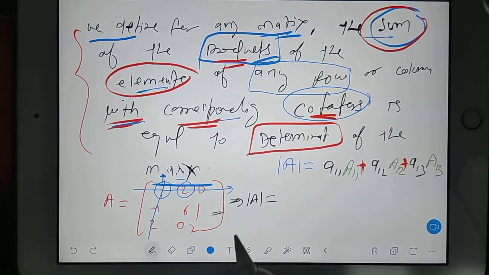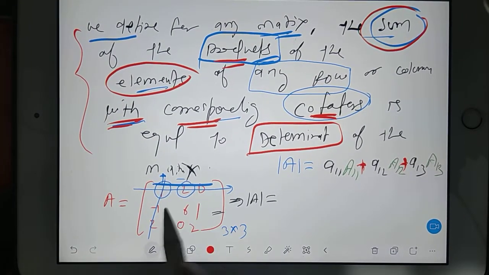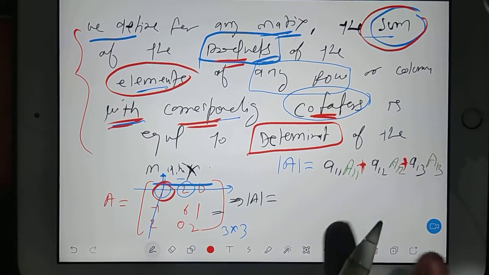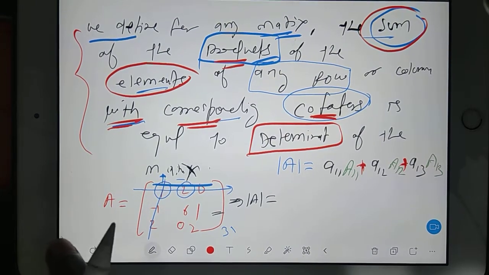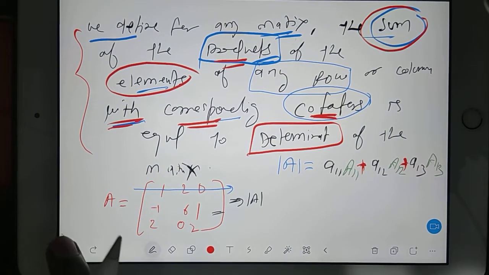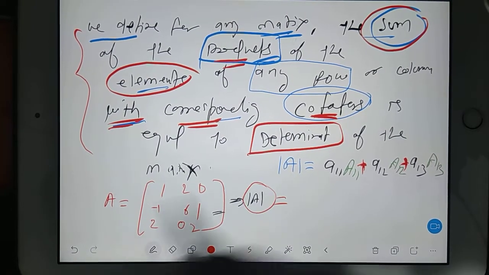Currently I have a 3 cross 3 matrix. So I can take any element and expand that element to find out the determinant. Like for the given matrix, 1 2 0, minus 1 6 1, 2 0 2, just go for a small practice. You guys try, what is your answer coming?